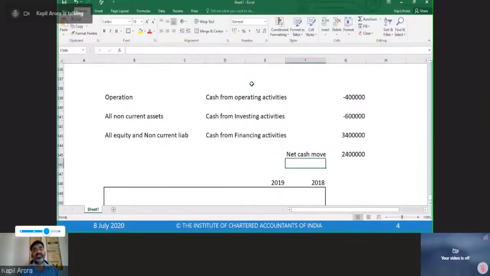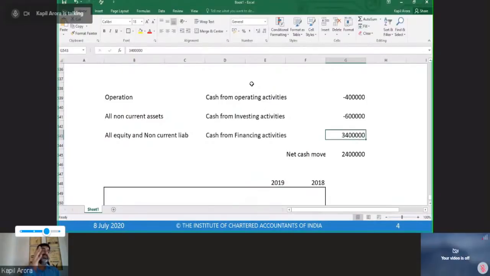So 24 lakh is the movement, but if this is 4 lakh negative, 6 lakh negative, and 34 lakh positive, the net is 24 lakh positive. Is it good for the company? Can we say the company is performing very well in terms of their cash?